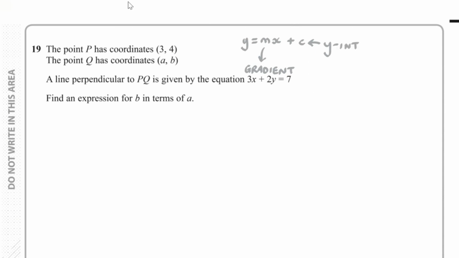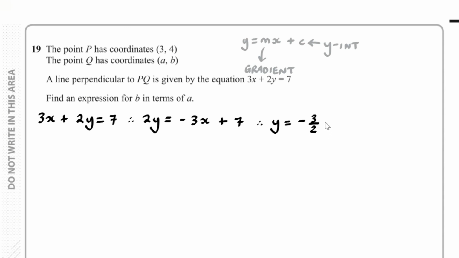And so if we have our line 3x plus 2y equals 7, we can rearrange this in the form y equals mx plus c. First of all, 2y is equal to negative 3x plus 7. And therefore y is equal to minus 3 over 2 x plus 7 over 2.